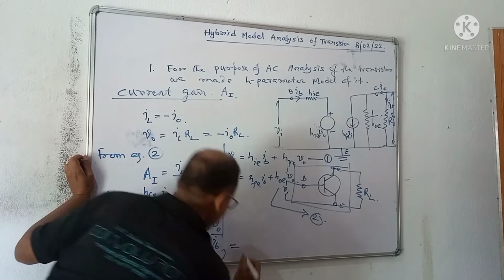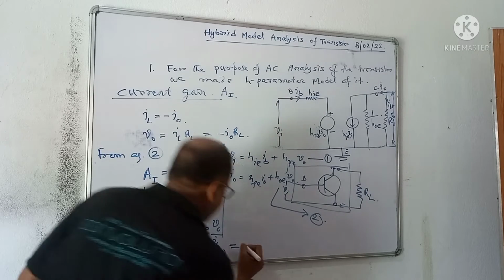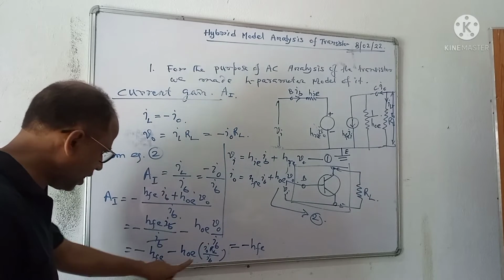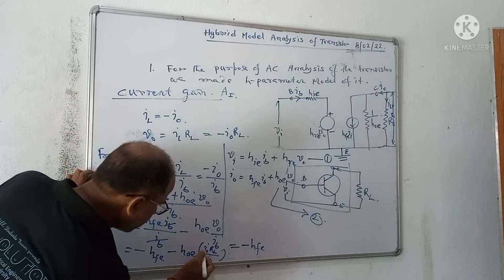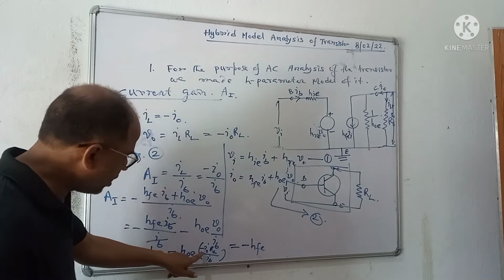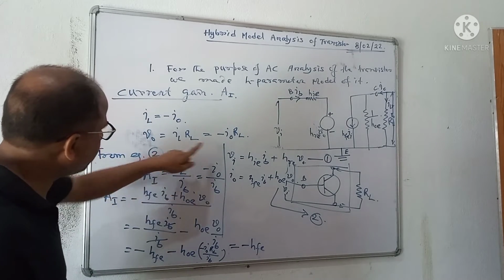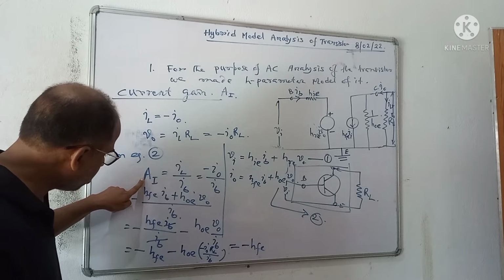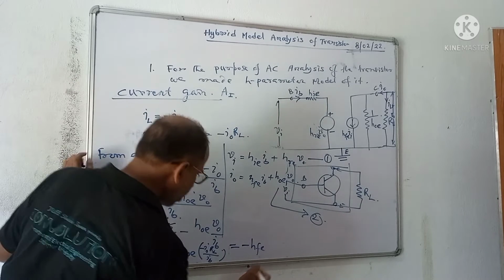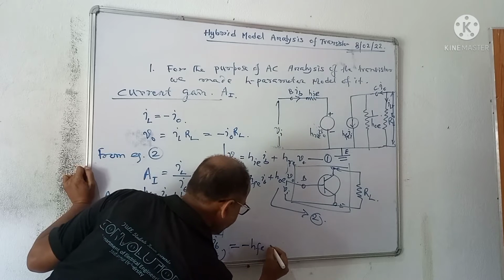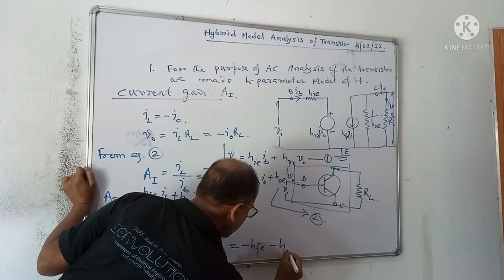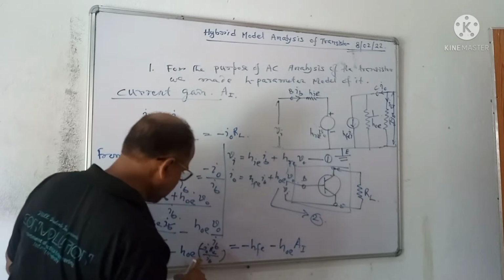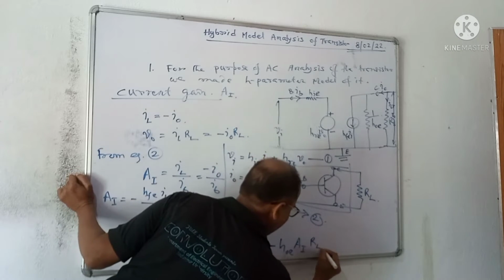Minus I0 by IB is AI. Therefore, AI equals minus HFE minus HOE into AI into RL.